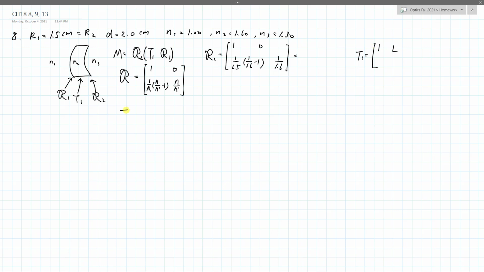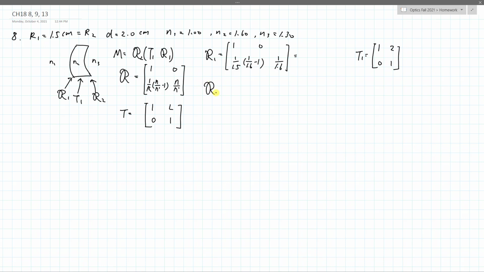T is equal to 1 L 0 1. So for this T1, we'll put a 2 centimeter here, 0 1.